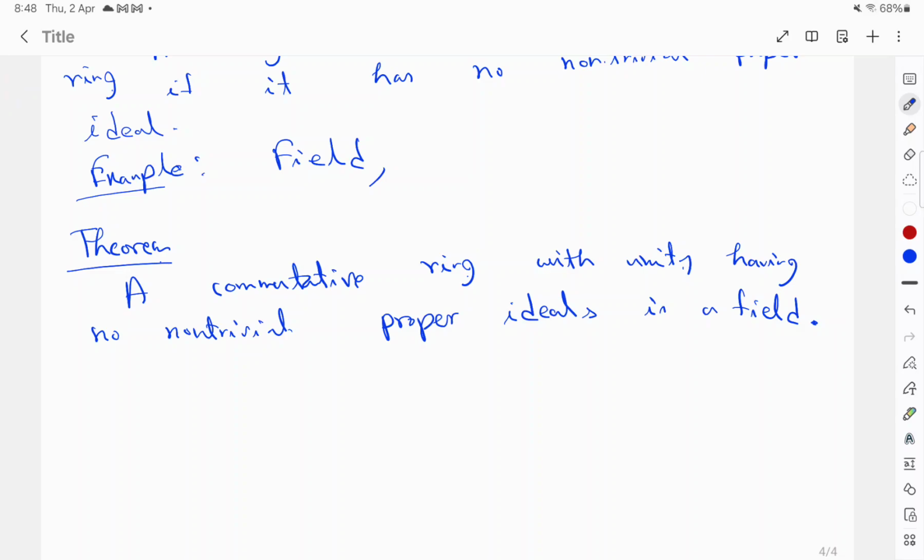So you have a commutative ring with unity having no non-trivial proper ideal is a field.